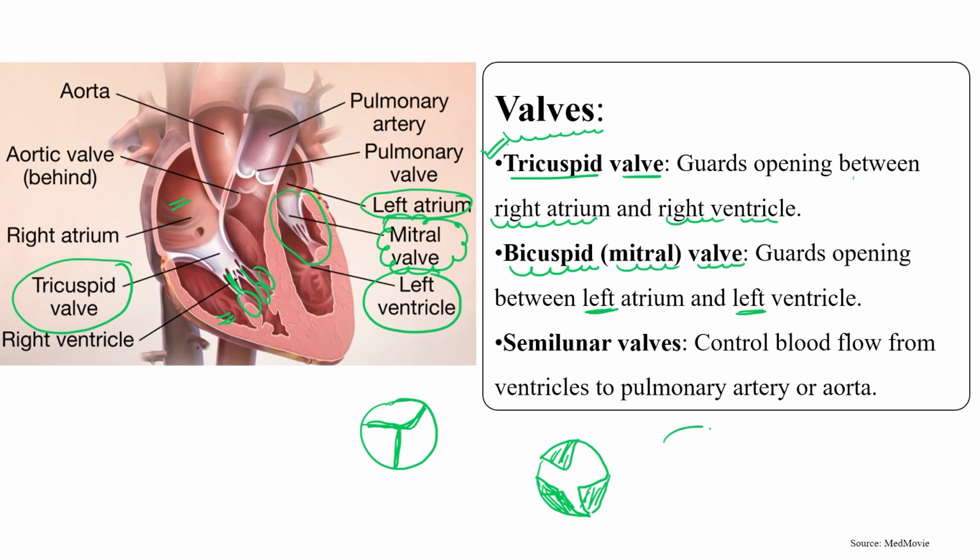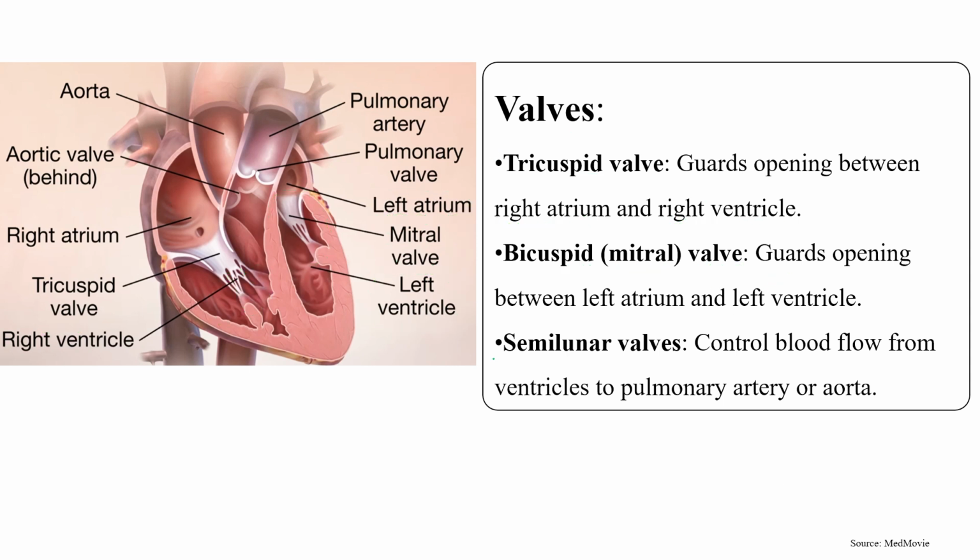It looks like this in a closed form, or in an open form it will look like this. From here, blood flows between the left atrium and ventricle. So the first one is the tricuspid valve, present between the right atrium and right ventricle. The bicuspid is present between the left atrium and left ventricle.